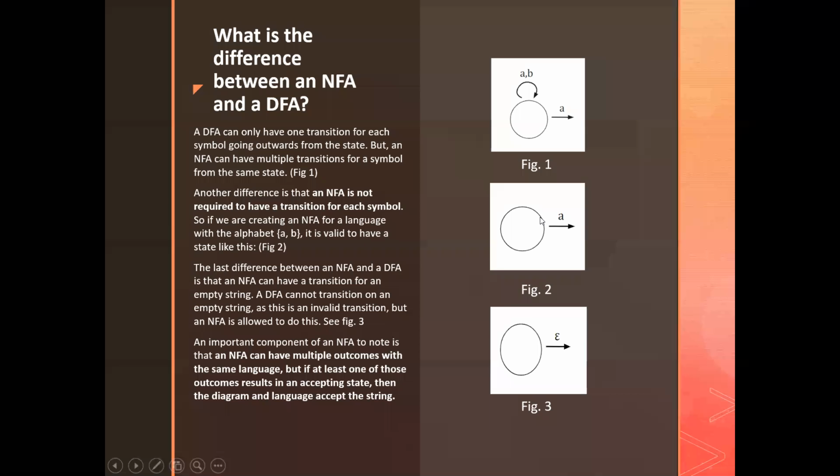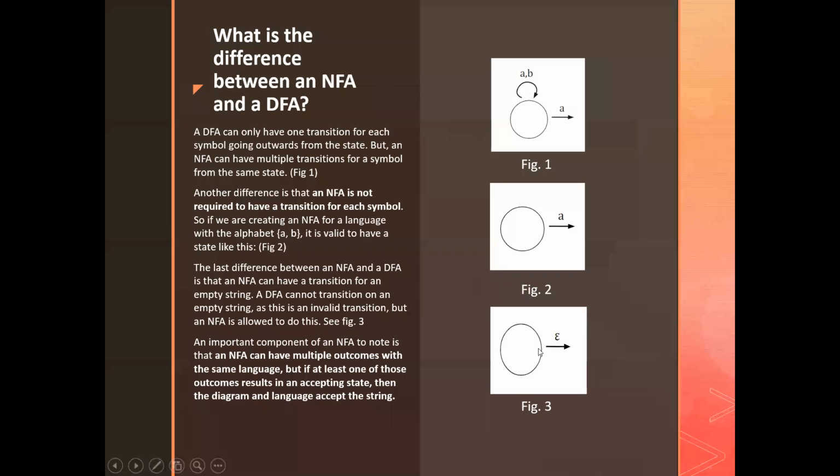Then the second difference you can find is that the states of NFA need not have a transition on each input symbol, which is required in case of DFA. And in NFA you can find a transition on the empty string, that is epsilon.